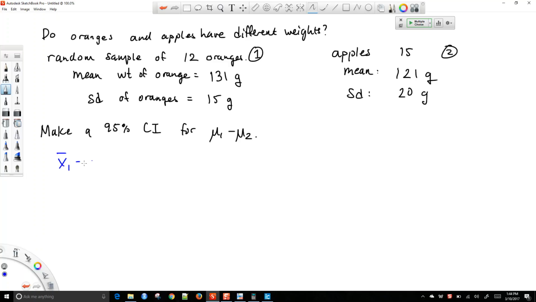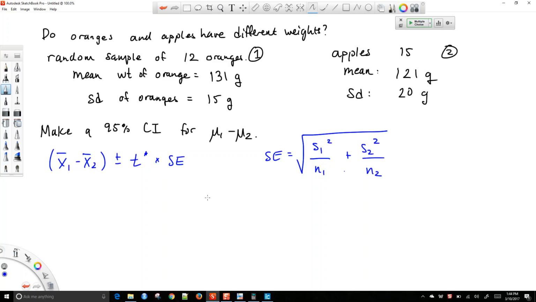All right, x bar 1 minus x bar 2, plus or minus t star times our standard error. The standard error is the square root of S1 squared over n1 plus S2 squared over n2.